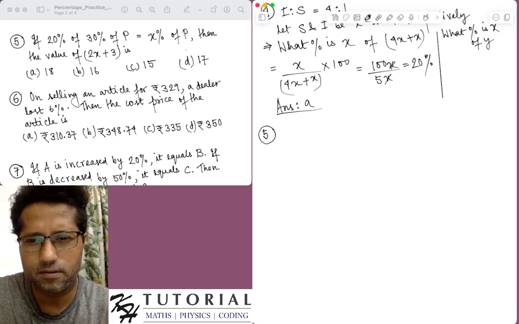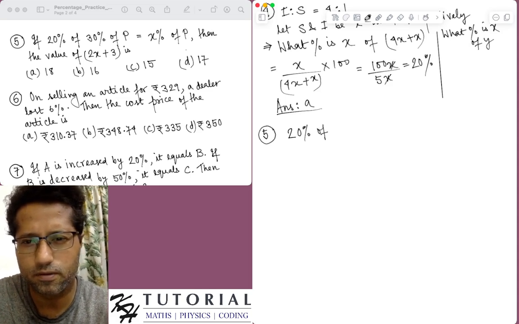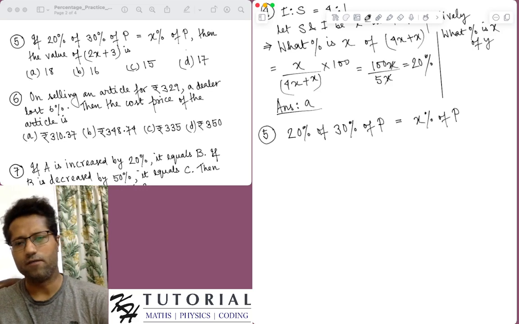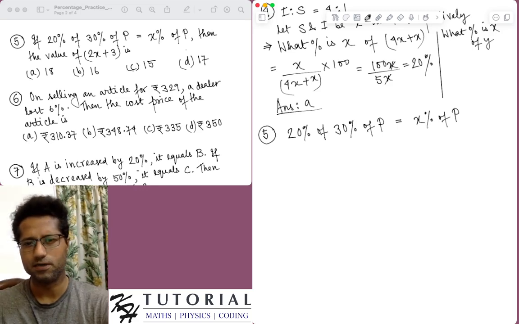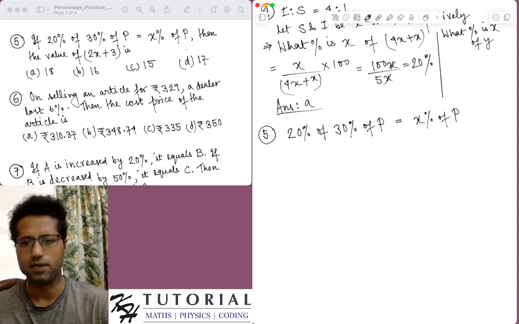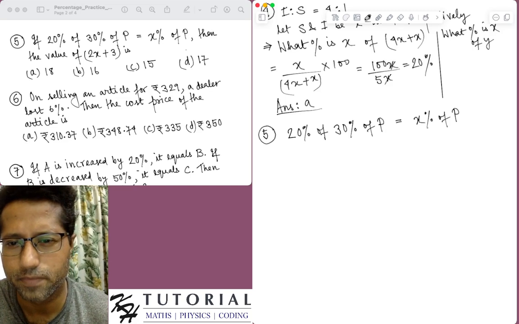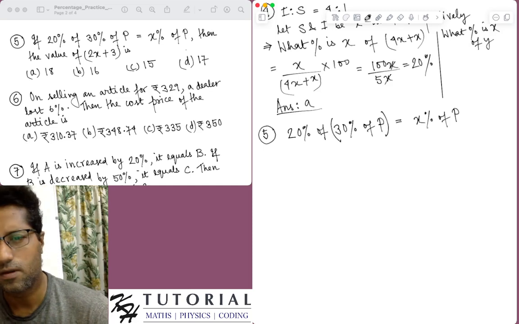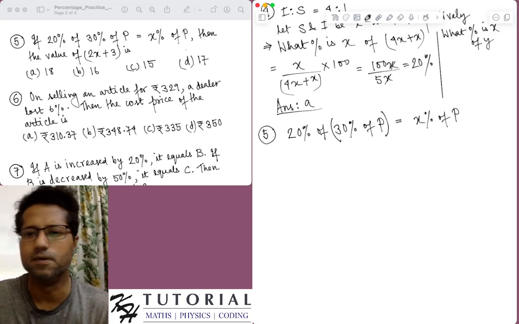So it is given that 20% of 30% of P equals x% of P. Now, if you have this chaining of percentages, that is 20% of 30% of P, you always work from the right hand side. You first have to find 30% of P, and then you have to find 20% of whatever that value is.